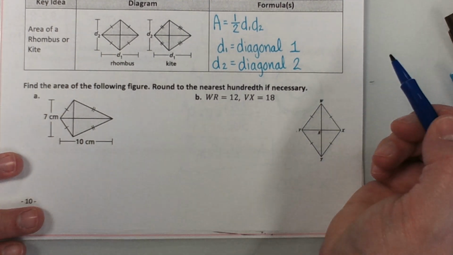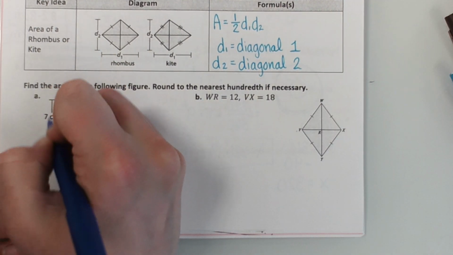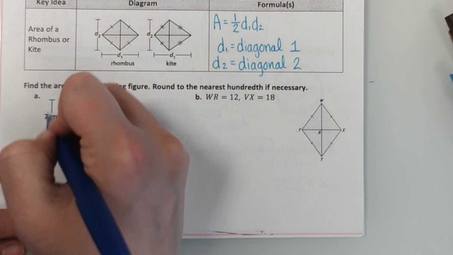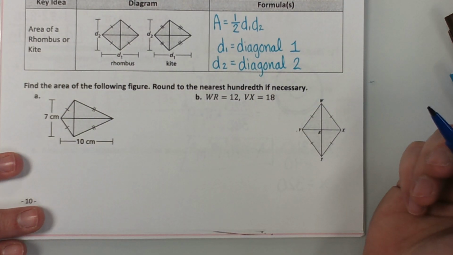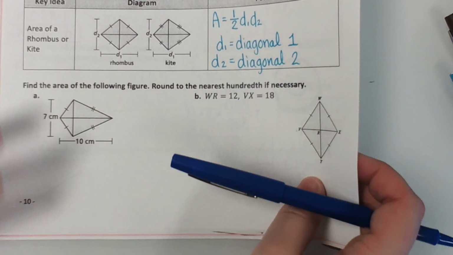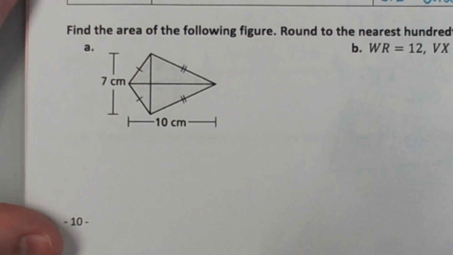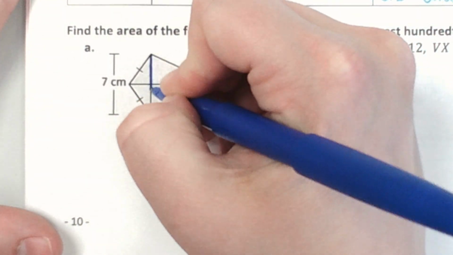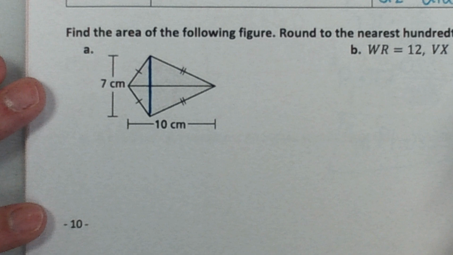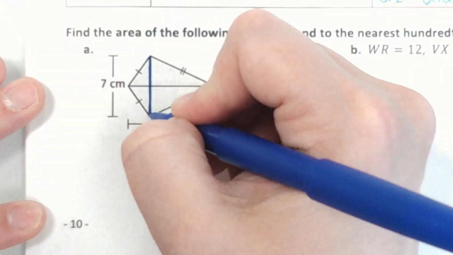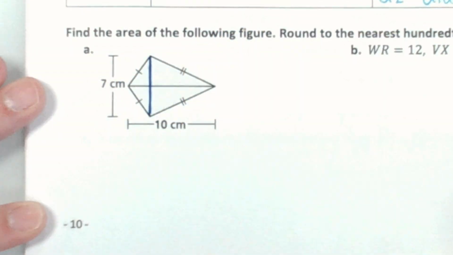Okay. Do you notice this 7 it mentions right here? Can you tell what that is actually trying to show you the measure of? Height. Not height. Diagonal 1. It's one of the diagonals. We can call it diagonal 1. It's trying to tell you this length.